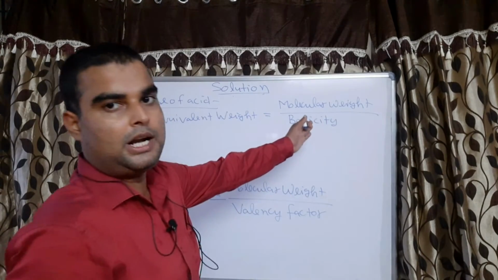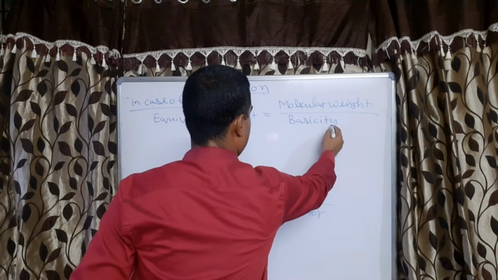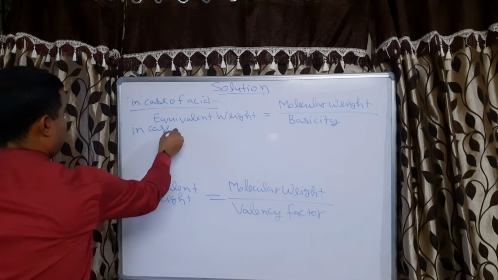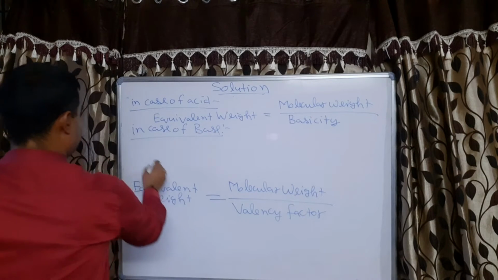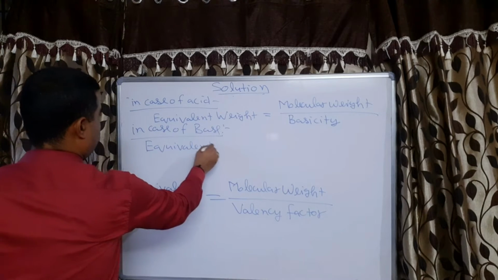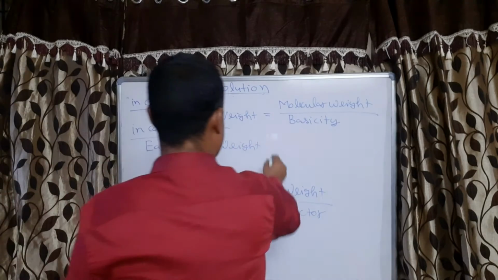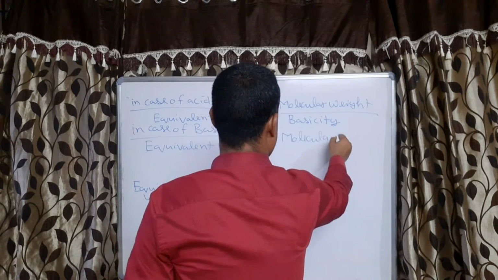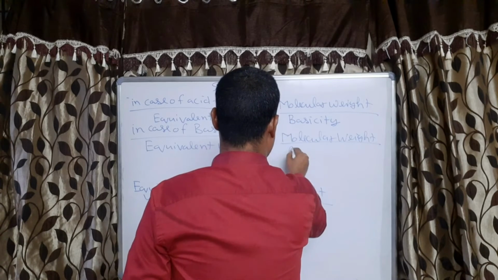This basicity is called valency factor. Now, in case of base, equivalent weight equal to molecular weight divided by acidity.